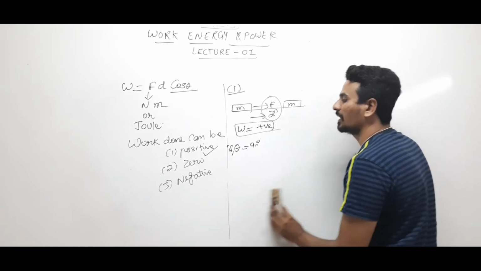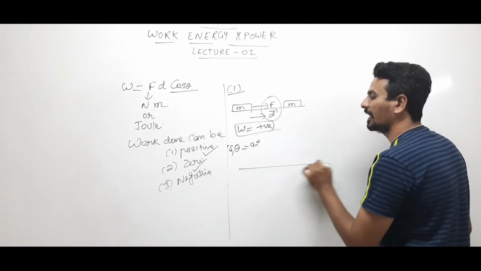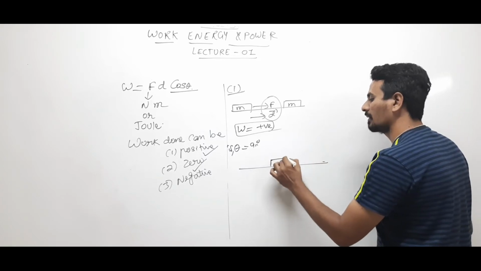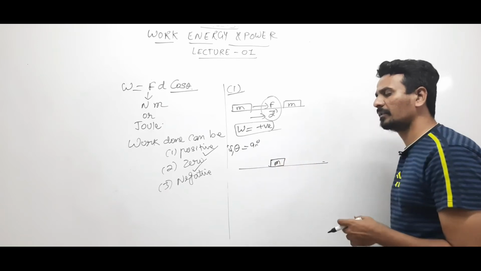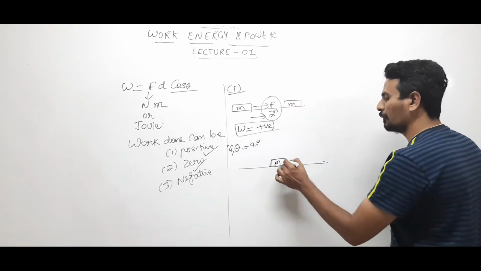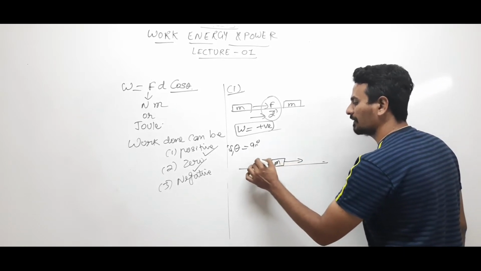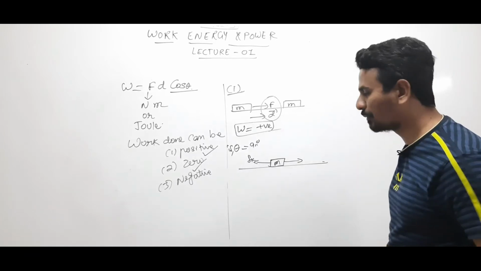So we have seen that work done can be positive, can be 0. Let us consider the case where work done is negative, for theta greater than 90. Let us take an example of frictional force. If the block is moving in this direction, the frictional force will oppose the relative motion, not the motion.